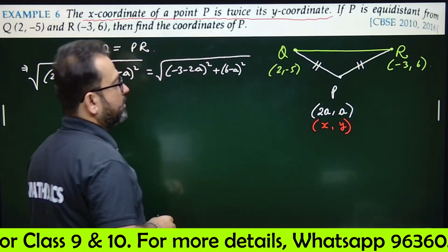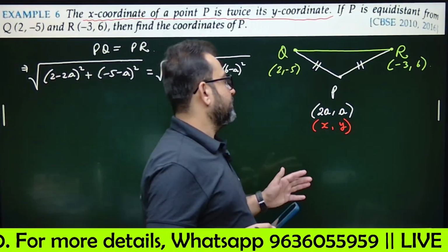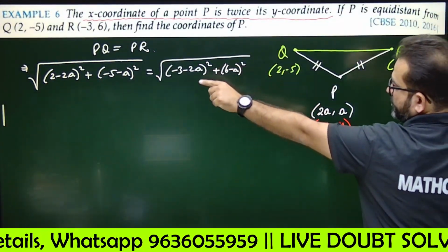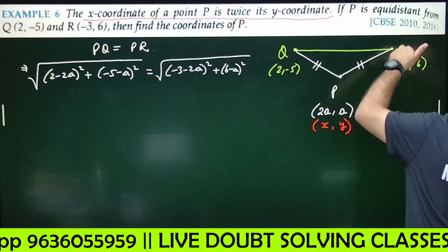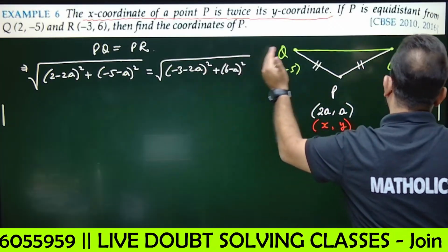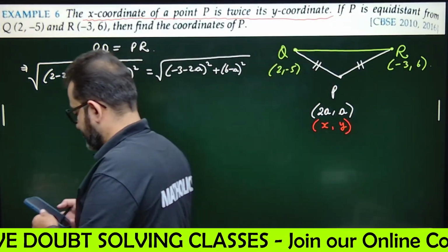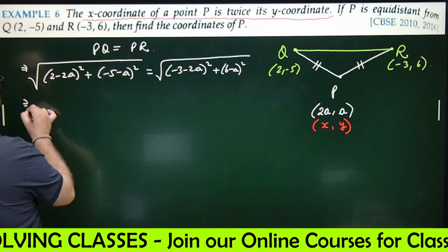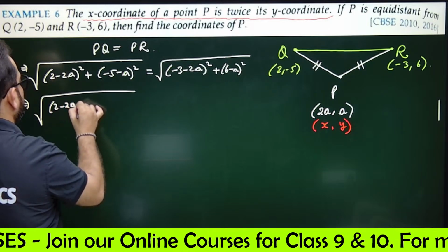Okay. Sorted. What I have done here, see, it is 2 minus 2A whole square, minus 5 minus A whole square. It is minus 3 minus 2A whole square and 6 minus A whole square. Done? Now see, good calculations. See, it is written 2 minus 2A whole square.